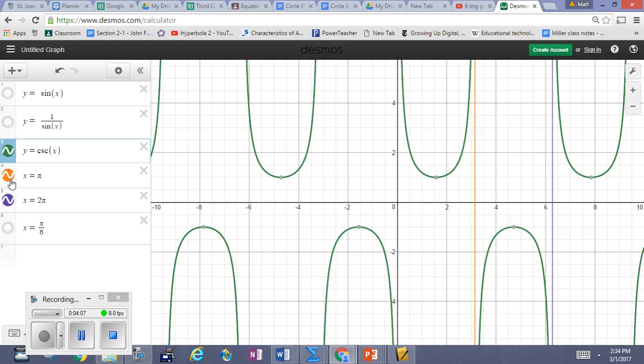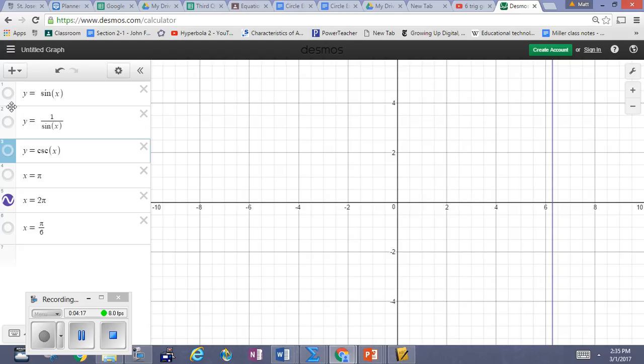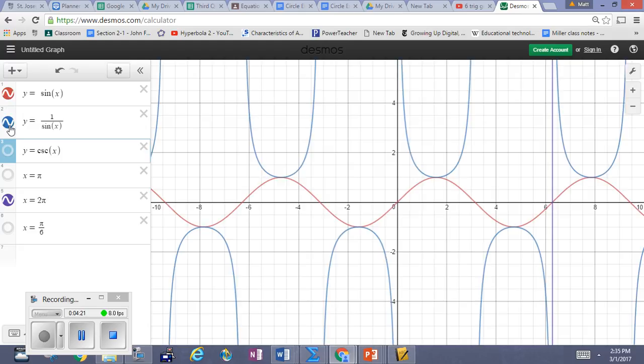So, in summary, with the cosecant, and we'll do another video with the secant, we would say that the cosecant is, by definition, the reciprocal of the sine.